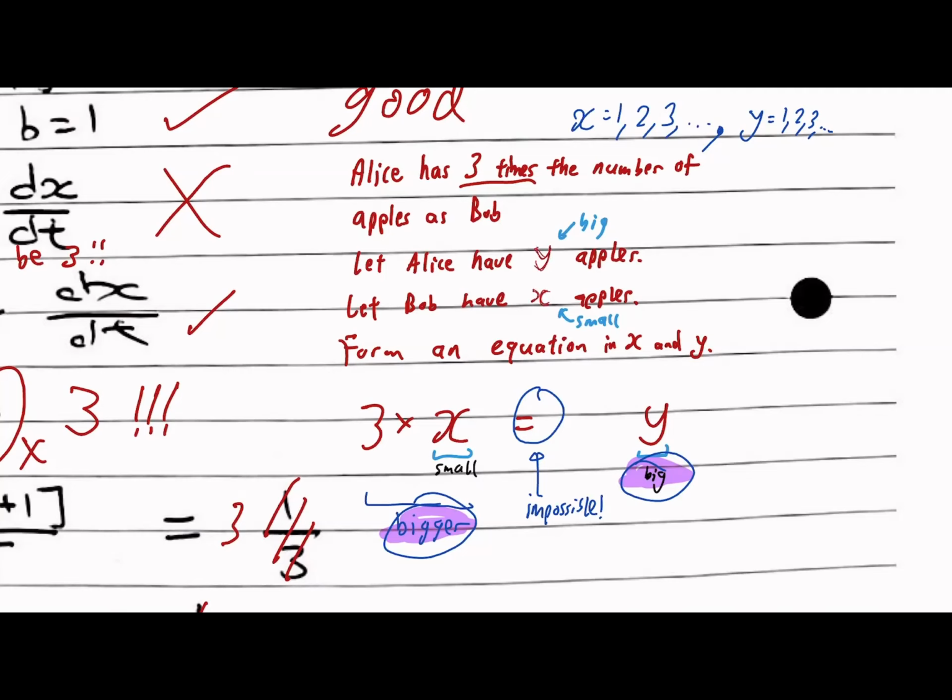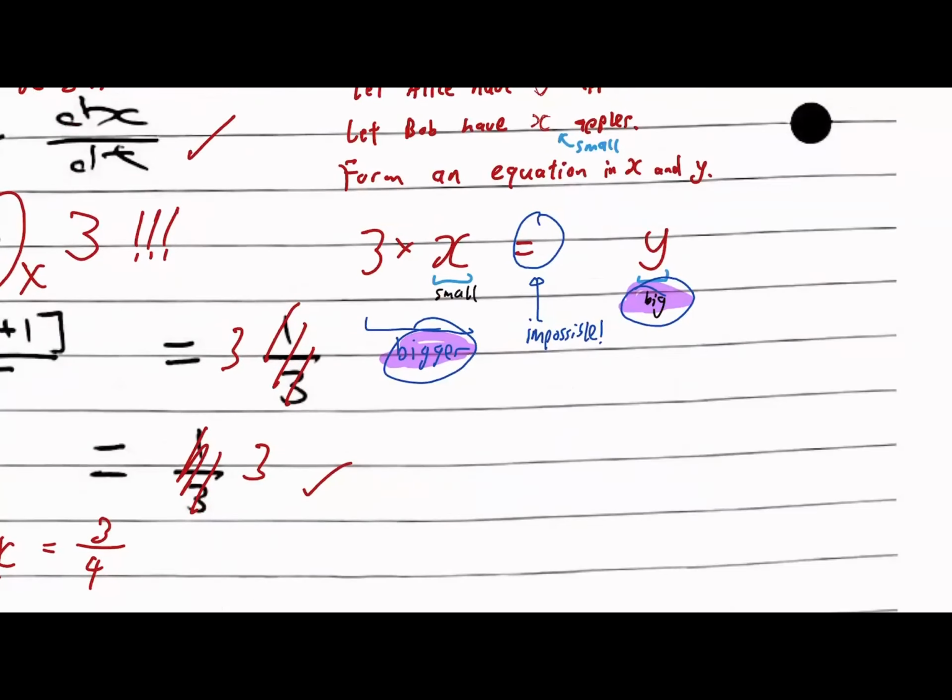So the moment I see that something has 3 times, that means that person has more. In this case, if Y represents Alice's number of apples, 3 times, it must be big. Then the other guy must be small. If you keep it as 3 times, you only have 2 choices. It's either 3 times small gives you big, or big times 3 gives you small. One of them makes sense, the other one doesn't. If it was the other way around, does it make sense?